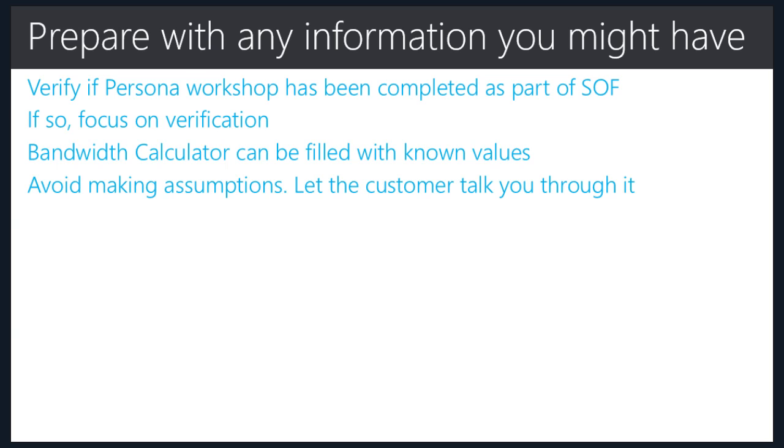So you can basically already prepare the entire persona generation. The only thing you need to do is verify with your customer. Please check with the SOF team before actually proceeding. If you already know some values, which you should because you've gotten the questionnaire, you can already start entering these in the bandwidth calculator, but avoid making assumptions. You should let the customer talk you through it.